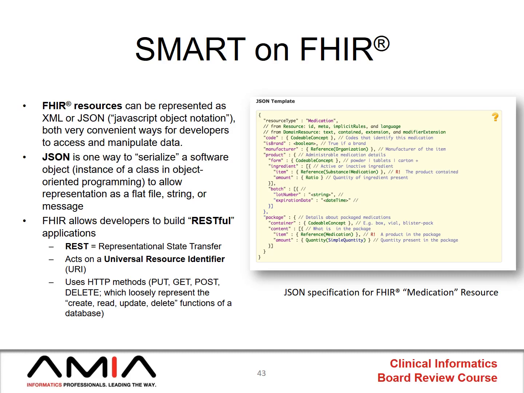That means I'm taking this tree structure, but I'm putting it back into a linear line-by-line representation. So the computer knows exactly how to take this JSON structure, this serialized software object, and turn it back into a multidimensional array. So this is a very useful way to transport the sort of rich data that we need for clinical decision support.